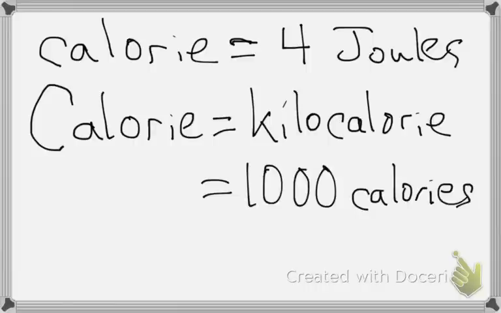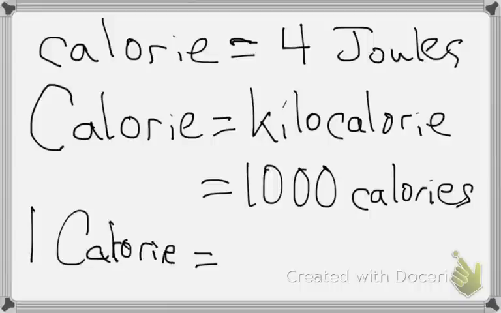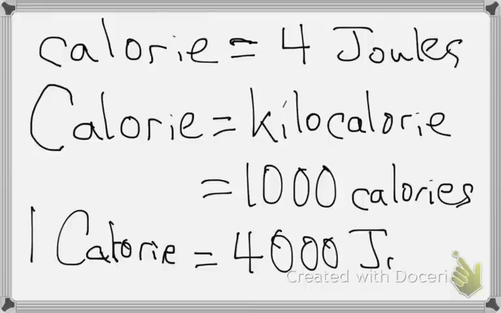So 1 calorie that we use in food is equal to approximately 4,000 joules. And if you remember that 1 joule is the energy it takes to lift a 100 gram object to a height of 1 meter, then 1 kilocalorie would be 4,000 of those. So it gives you a sense of what that is.